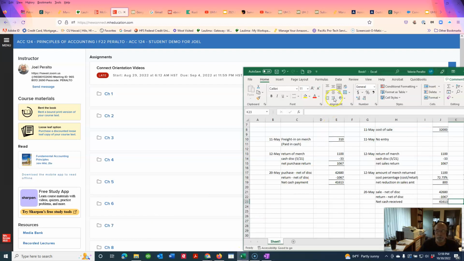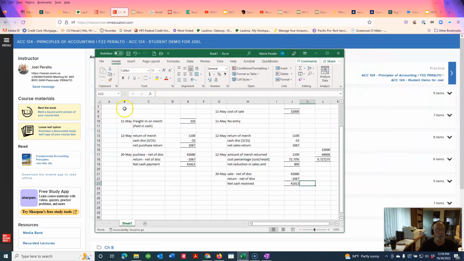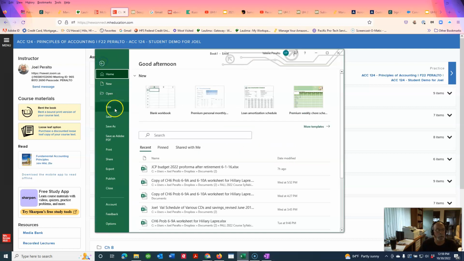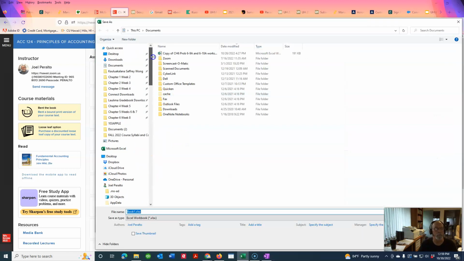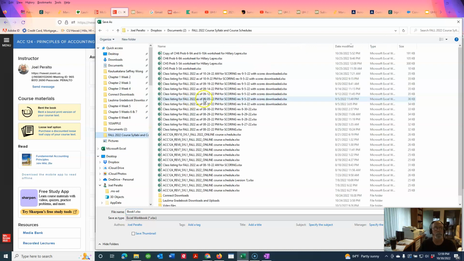I'm also going to save this worksheet. Let's see. And this is going to be exercise 5-28C worksheet for Hillary.